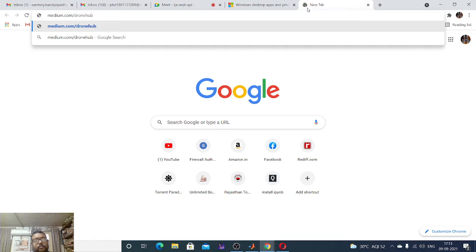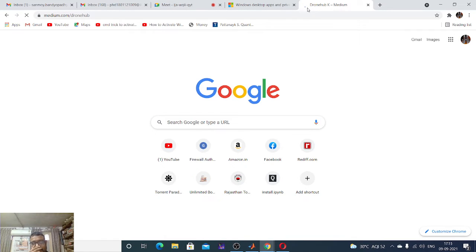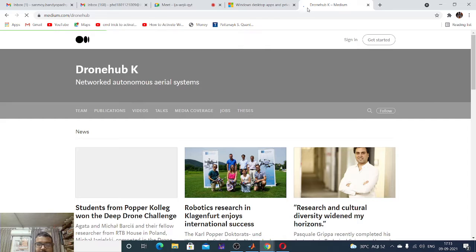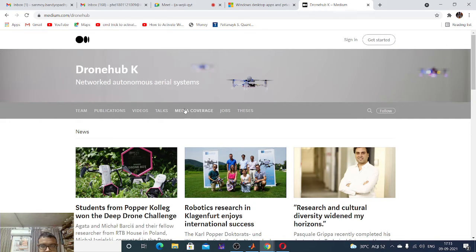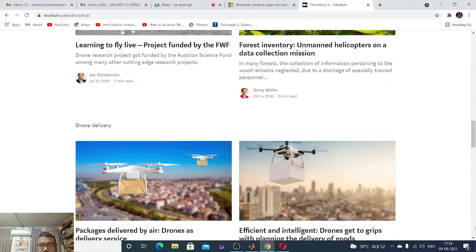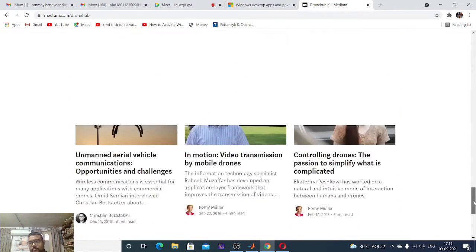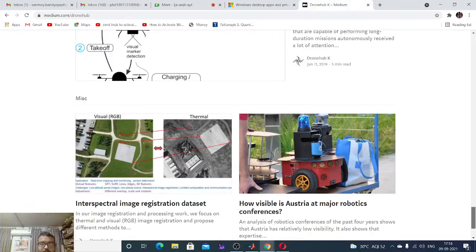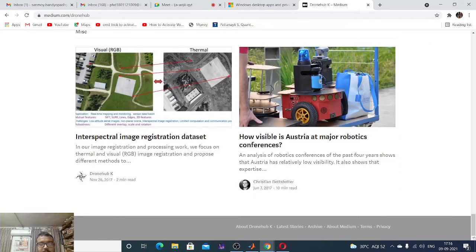Okay, so probably here you will get some pre-data. Media coverage, job thesis, publication, and there is some interspectral image registration dataset.